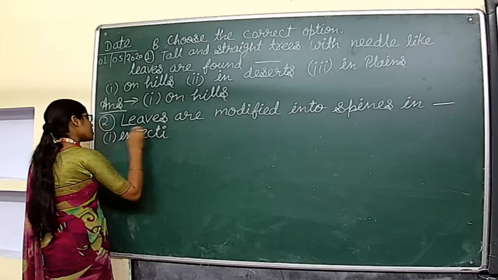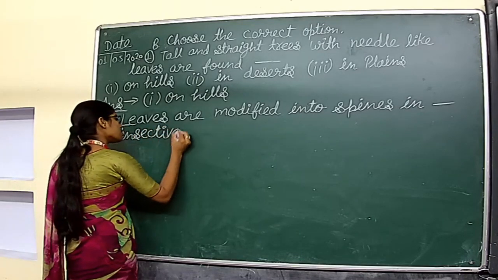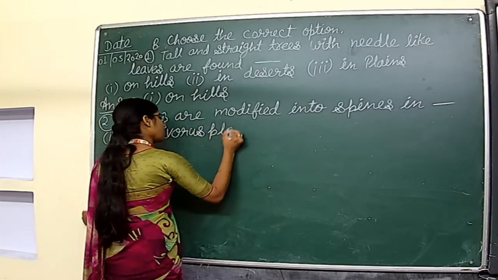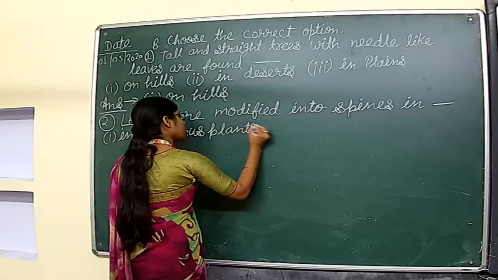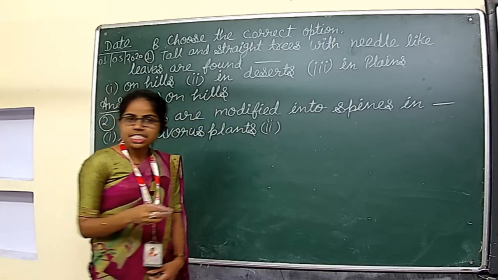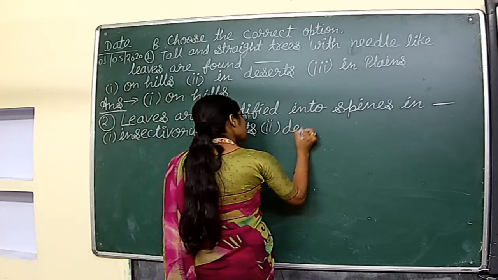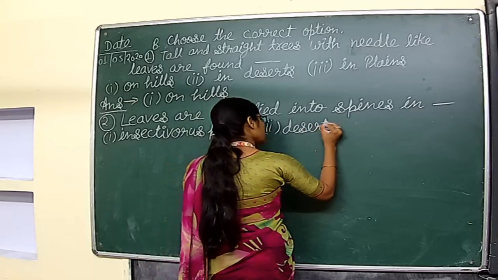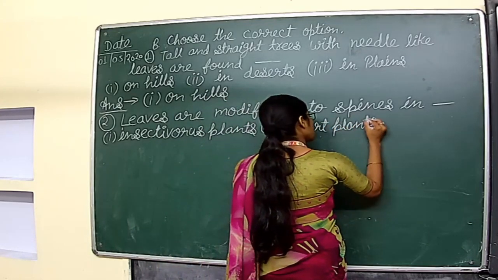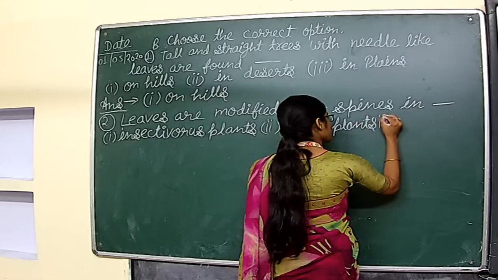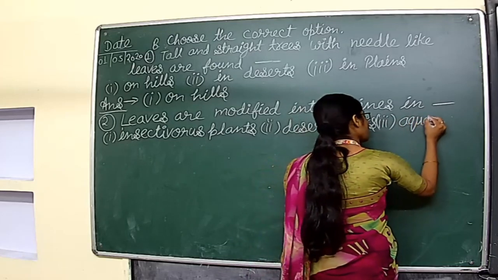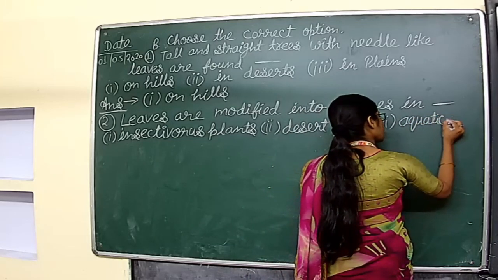The second option given is desert plants. And the last option given here is aquatic plants.